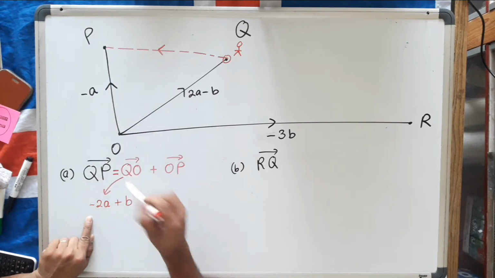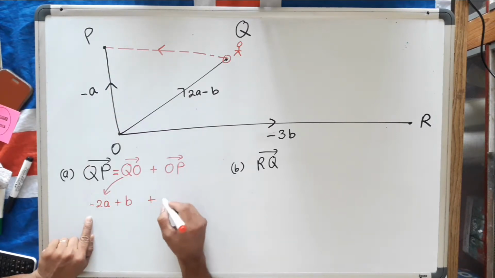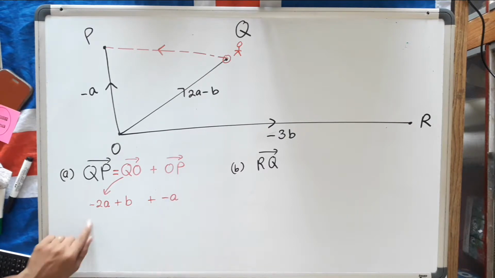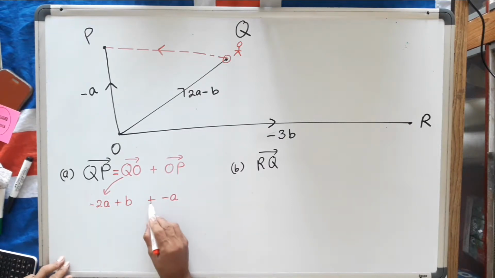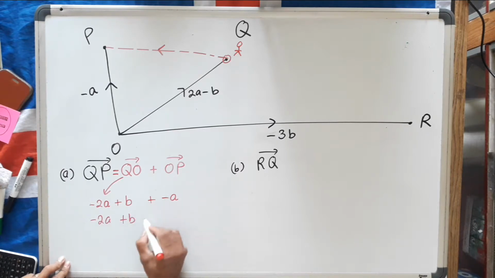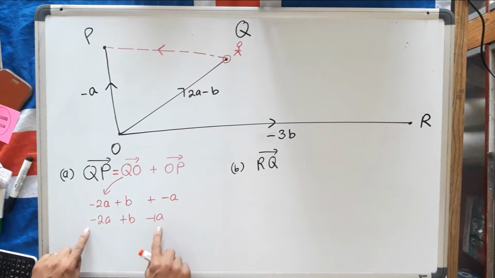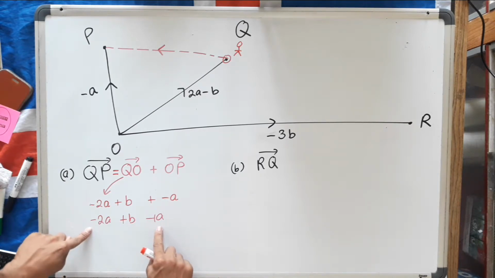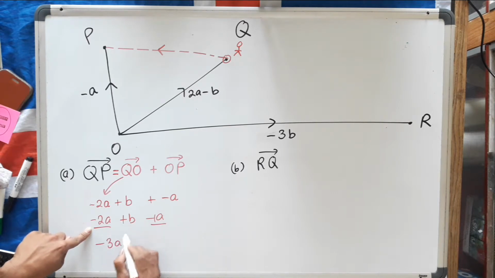I have to make no changes to the value the examiner gave me. So it's just minus A. So a positive and a negative will ultimately give me a negative. And you know this is minus 1A. So let's add up all these. Minus 2A minus 1A is minus 3A plus B.